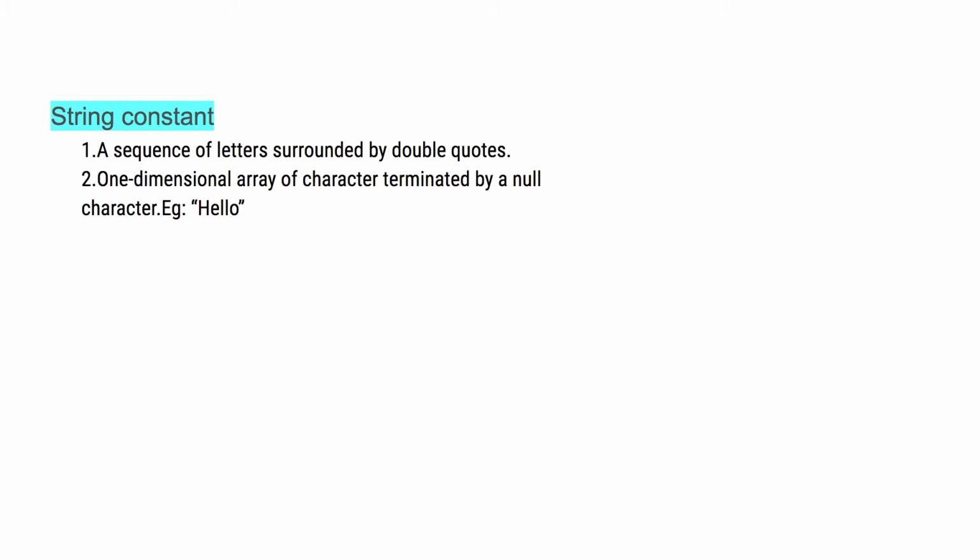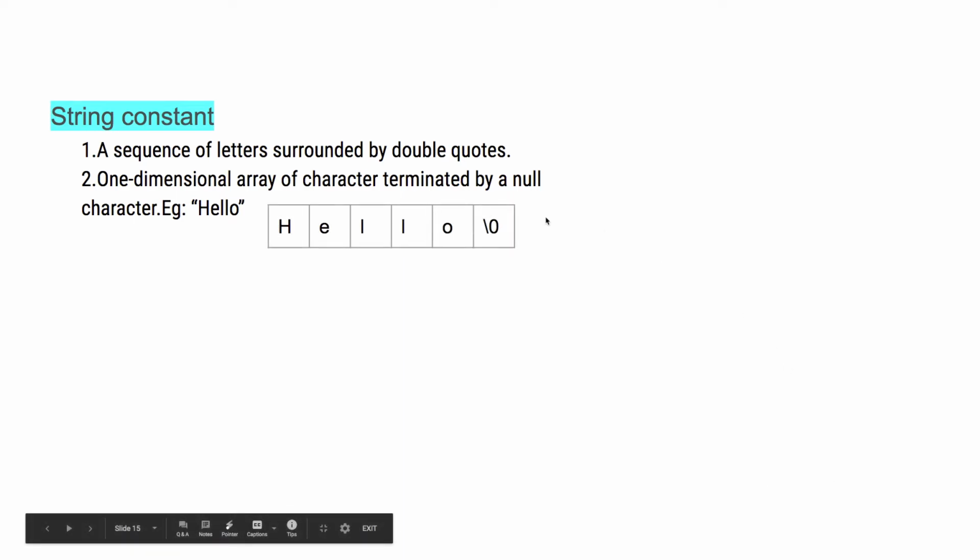Next one is string constant. A sequence of characters surrounded with double quotes is called a string constant. Strings are one-dimensional arrays of characters terminated by a null character, which means a string always ends with a null character.